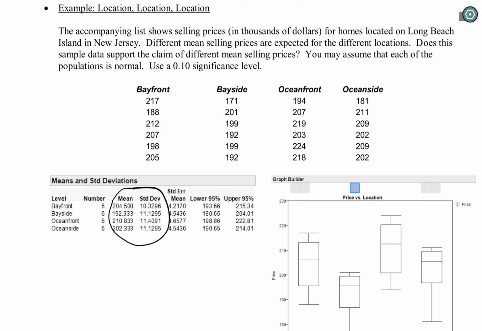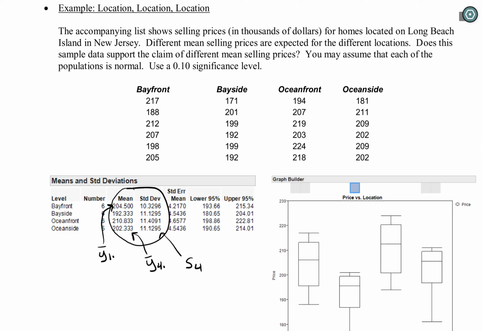So when we look at this, 204.5, that's going to be y1 dot bar, and say 202.333, that is y4 dot bar, and 11.1295, that is S4, the standard deviation for the fourth sample there.